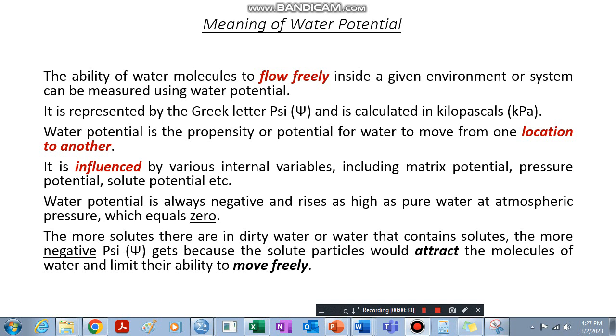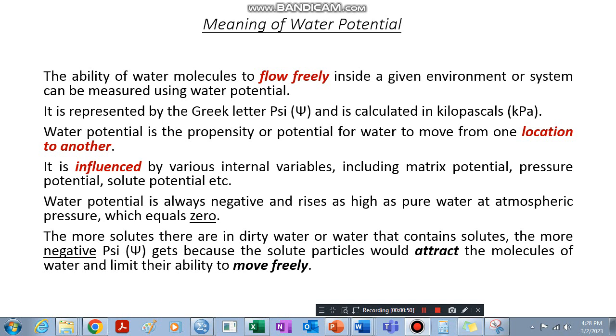It is influenced by different factors, which we consider the water potential components at the same time: matric potential, pressure potential, solute potential, and gravitational potential.